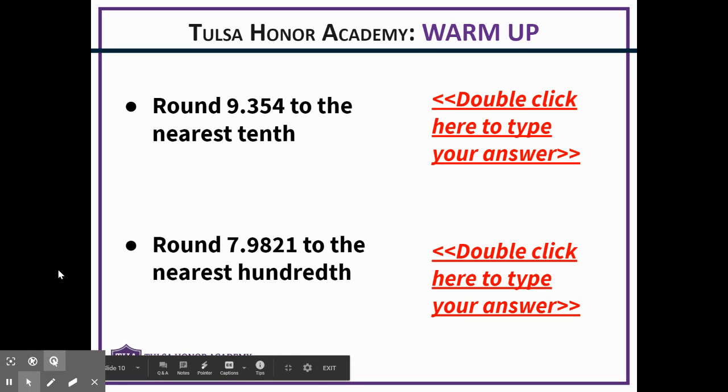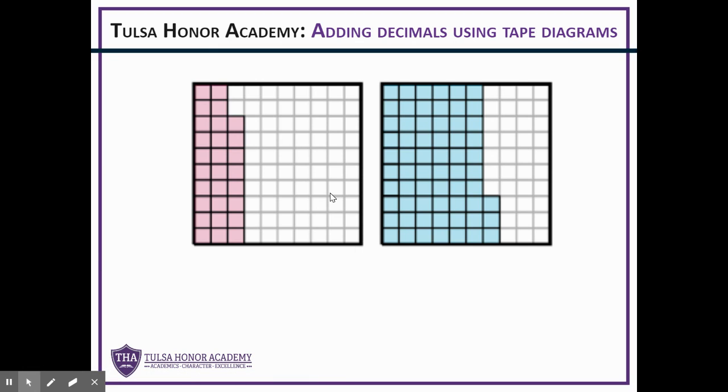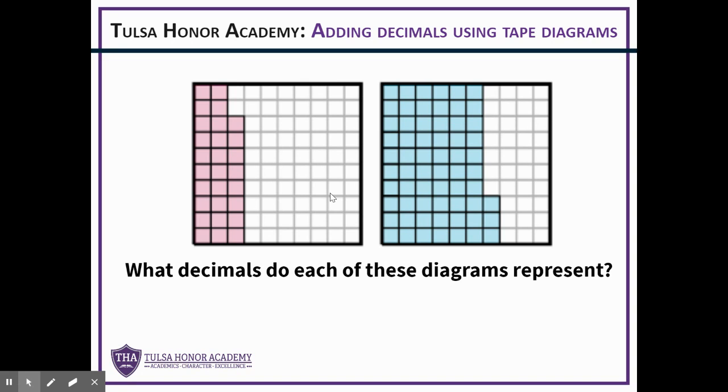Alright, so for our next problem, we're going to be adding decimals using tape diagrams. You're going to see a couple questions like this on your exit ticket with these tape diagrams. So first, we're going to ask ourselves, what decimals do each of these diagrams represent? Go ahead and put in the chat what you think both of these diagrams represent.